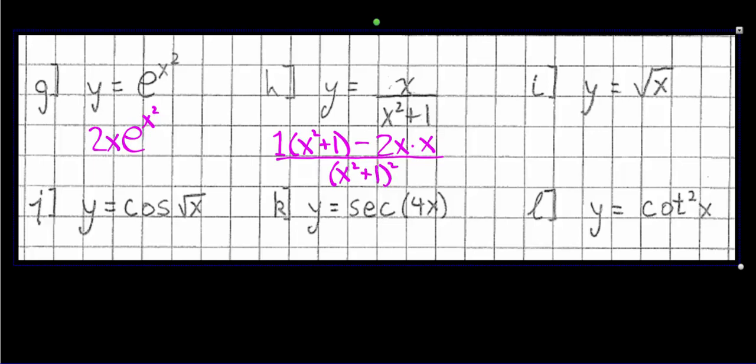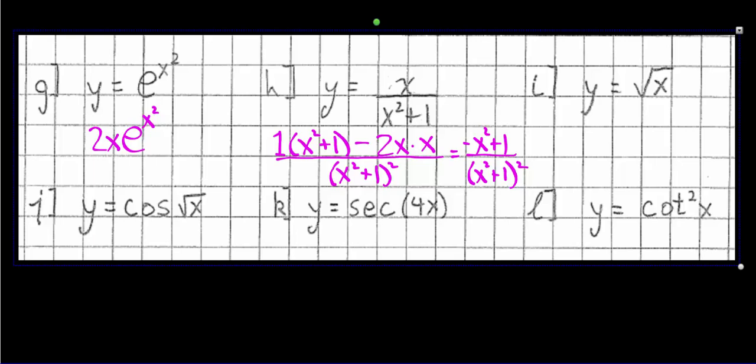Don't multiply out the bottom. It'd be a rare situation where you would need to do that. So for the most part, you just leave the bottom alone. And now I just simplify everything up here. I've got negative x squared plus 1 all over x squared plus 1 squared. There we go. And I believe that's it.